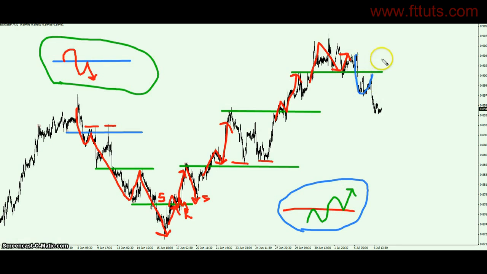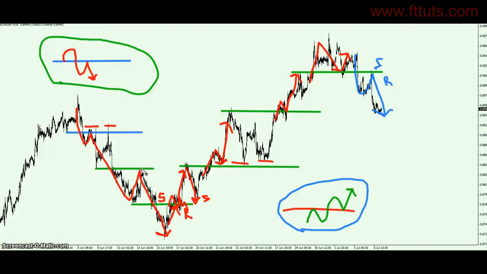Support becomes resistance, and we get continuation taking place there. So that's how price moves through these levels. As I've mentioned before, it's a very common rhythm within the market. Visually it's fairly straightforward to identify. It doesn't take a lot of effort.